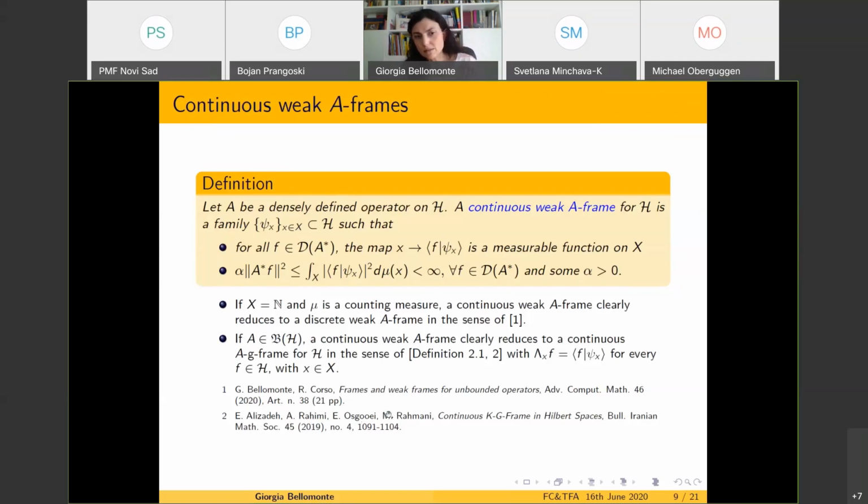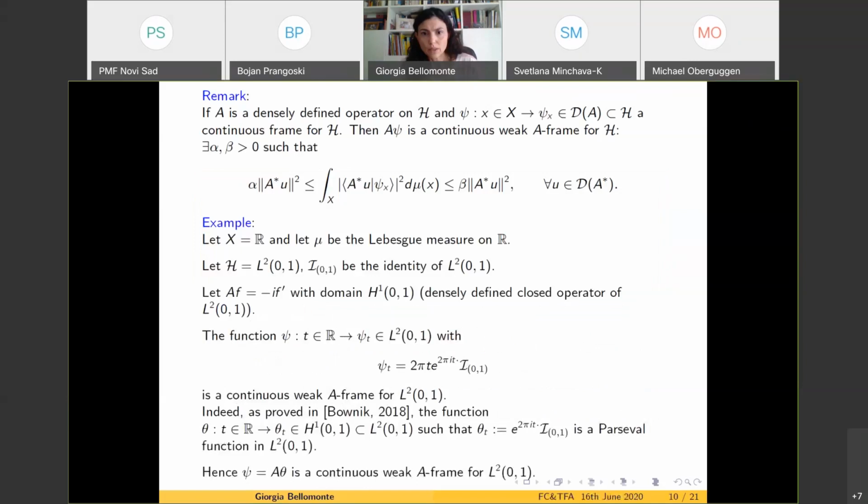But in a discrete framework, if A is a bounded operator, this concept reduces to the notion of Gavruta that originated our investigations.